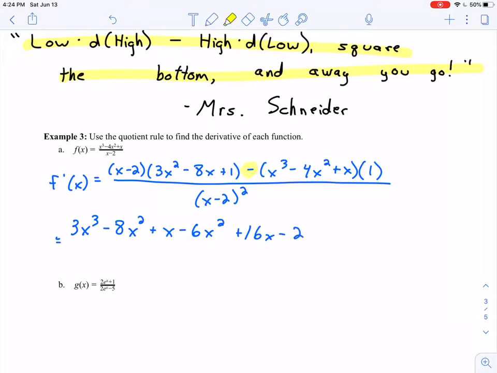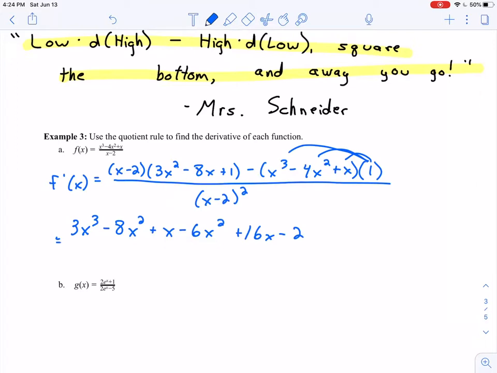This minus sign, we have to be very careful with it. In this problem it's not too bad. Usually if I have another factor over here, like this 1, I will take that 1 and distribute it here to each and every one of my terms first before I take care of this minus sign.